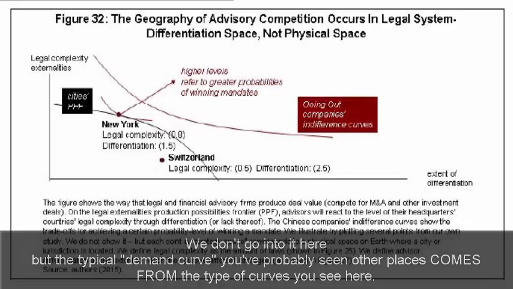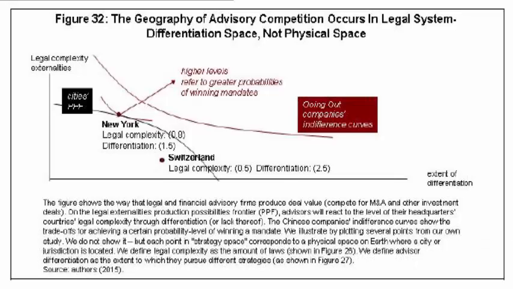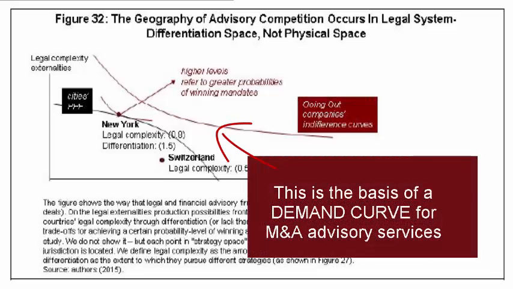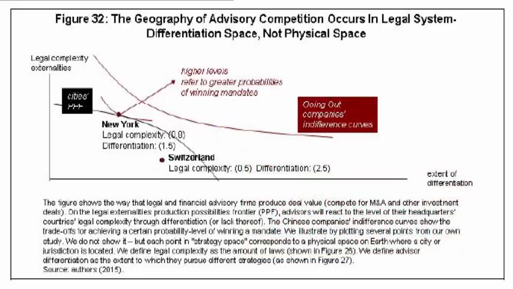And I won't go too much into it because it's microeconomics 101, but for those of you without an economics background, the moral of that part of the story is that Chinese companies are looking for advisors with some combination of access to complex financial law and a differentiation to meet their needs.